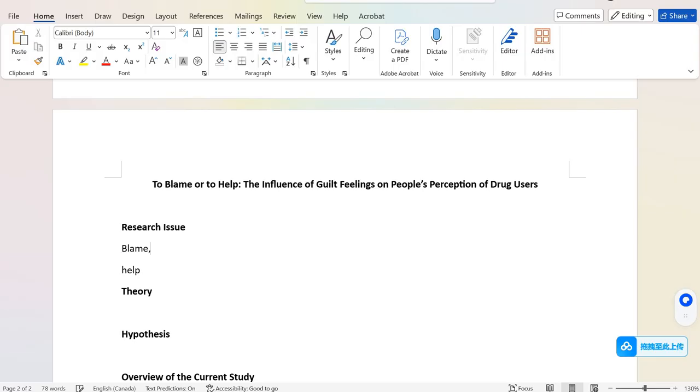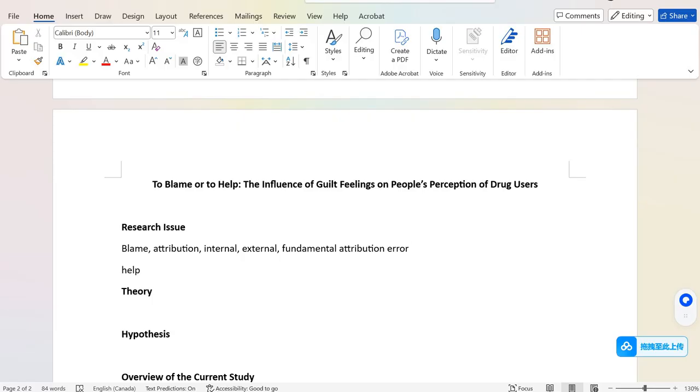Blame. In social psychology, we talk about attribution: internal attribution, external attribution, and then we talk about the fundamental attribution error.